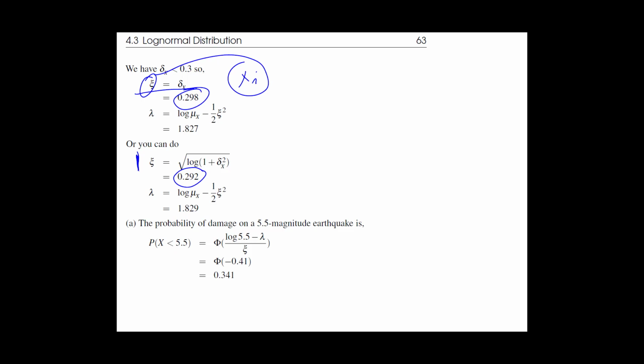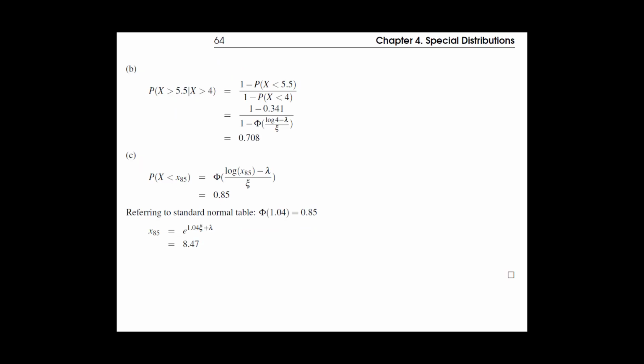To calculate probabilities when we have psi and lambda, we just go ahead with the normal distribution. But instead of 5.5 that we would use for the normal, here we just use the log of 5.5. Excellent. And then a conditional probability, but by now we're experts in these things, hopefully.